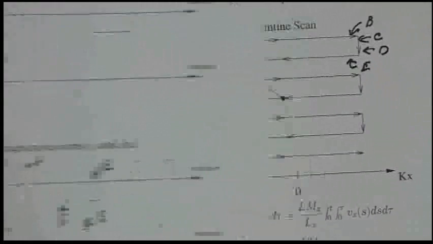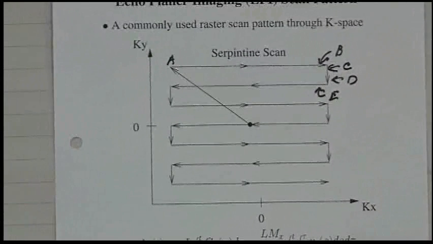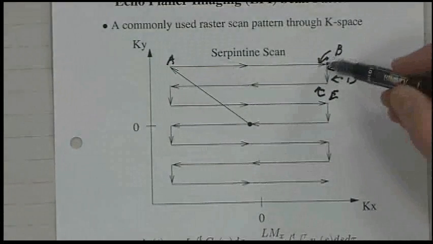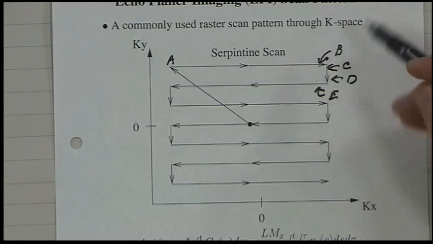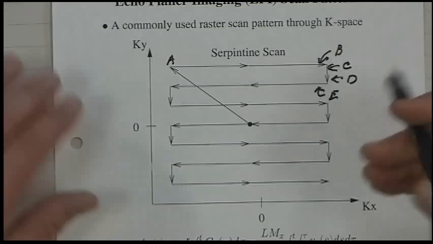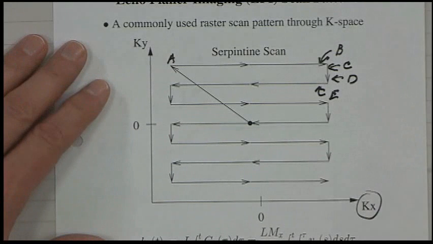Okay? And then the other thing that's important to know is, how finely do I have to space these scans in k-space? By the way, this thing here has units, right?